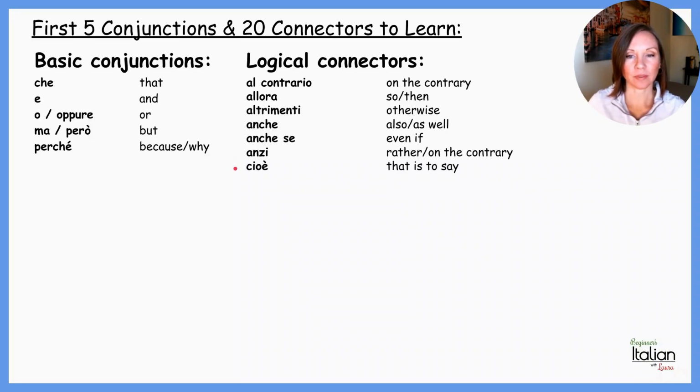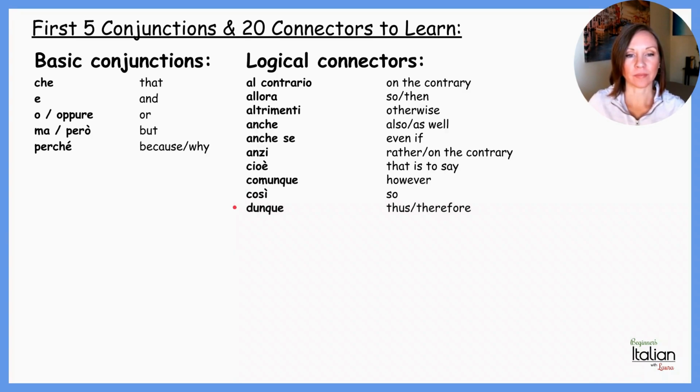Cioè, that is to say. Comunque, however. Così means so, or like when you hear, sometimes you'll hear somebody say così così, like so so, like how are you, come stai, così così.